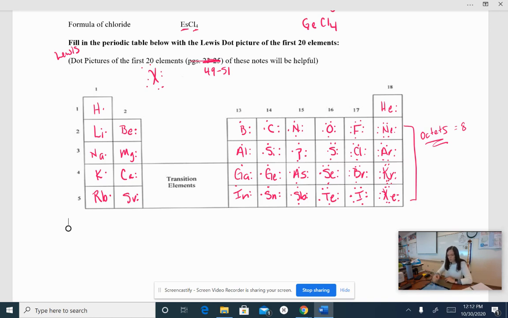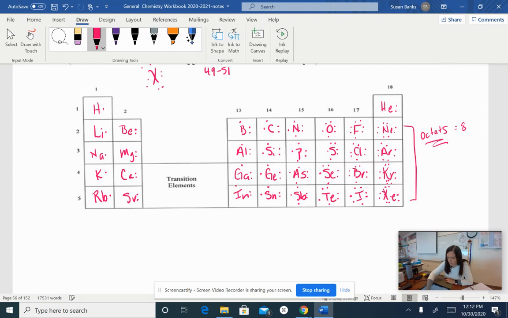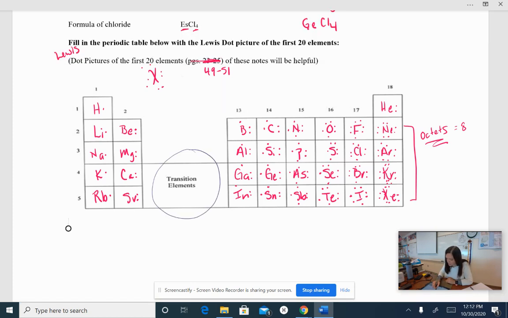Okay? So hopefully by now you realize that for the main group elements, notice in the main group, we do not use the transition metals. It's just groups 1, 2, 13 through 18. So in group 1, all of these elements will have 1 valence electron. Group 2, we have 2 valence electrons.